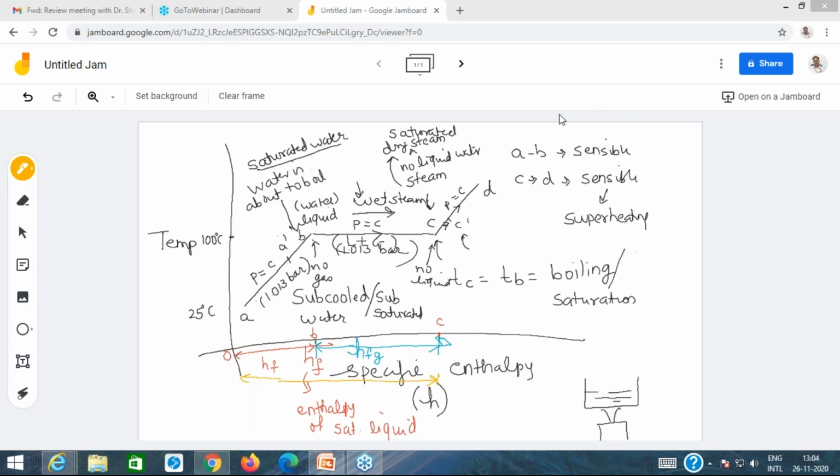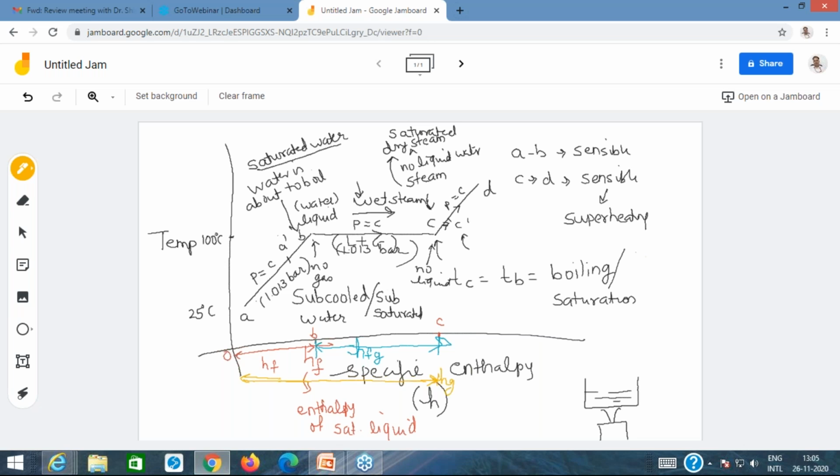Getting it? So instead of HC, I would be using the term HG. HG means this entire yellow portion length.